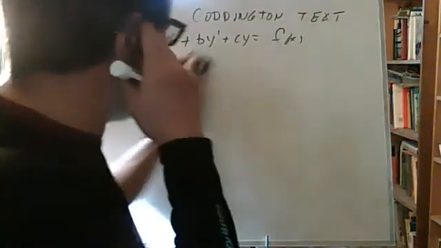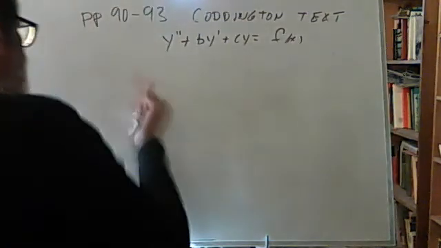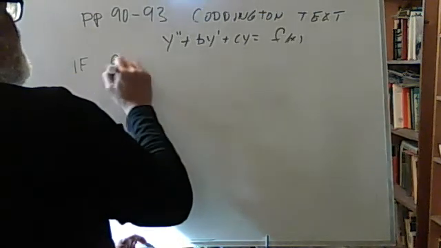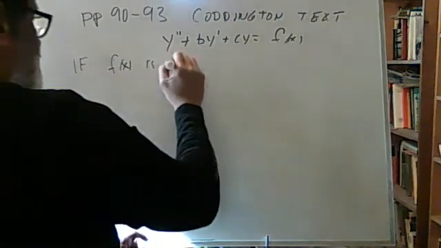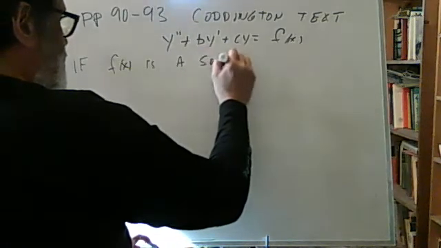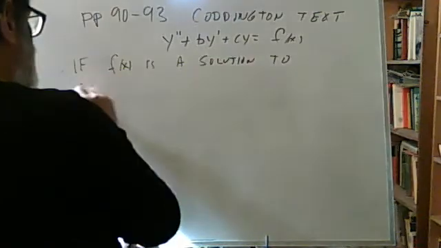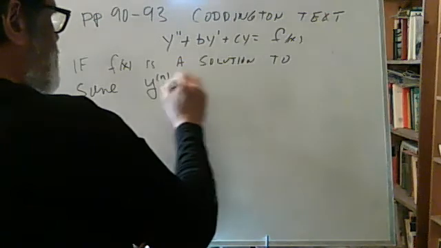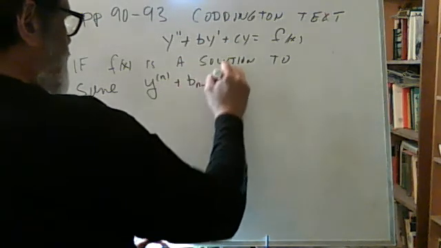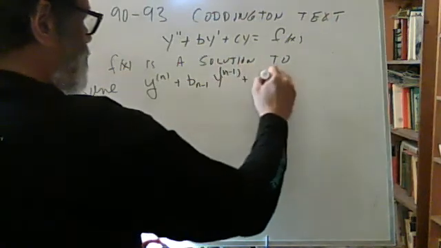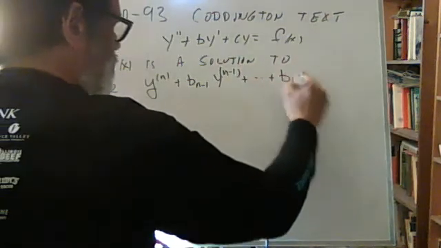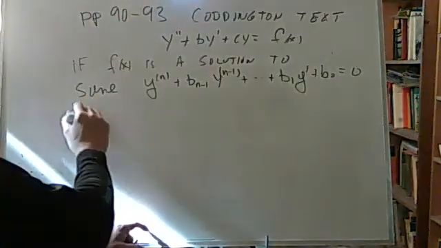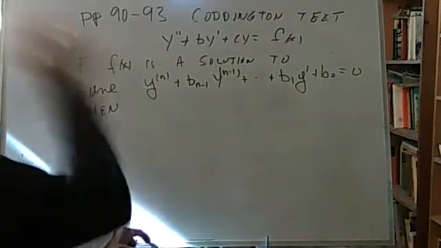What the text notes is that if f of x is a solution to some nth derivative plus b_{n-1} times the (n-1)th derivative plus up to b_1 times the first derivative plus b_0, then that process can work.